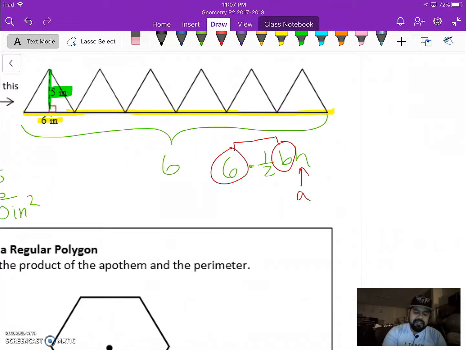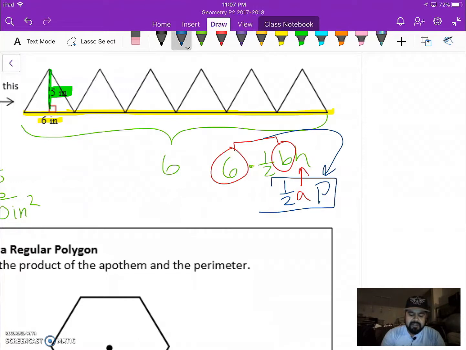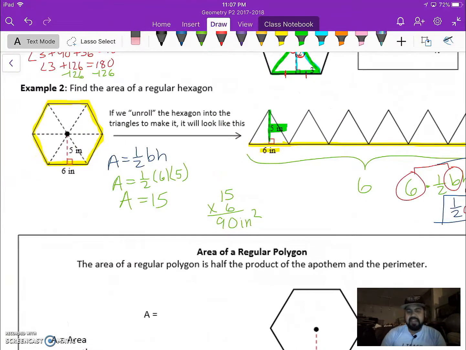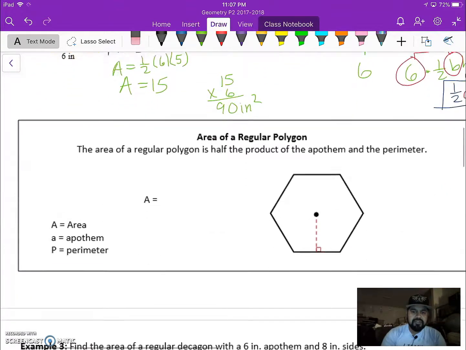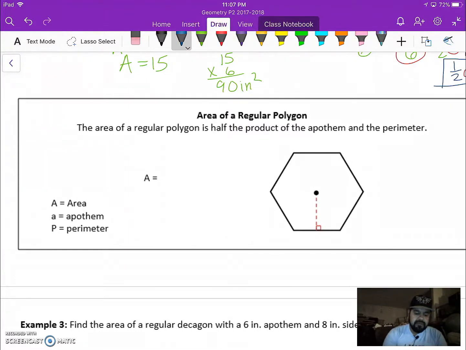So that is the same thing as our perimeter, which I'm going to write right here. There's nothing I can do to simplify the 1/2, so I keep that. And there we go. That is our formula for finding the area of any regular hexagon or octagon, nonagon, whatever polygon you want, you can use that formula. We say 1/2 AP.